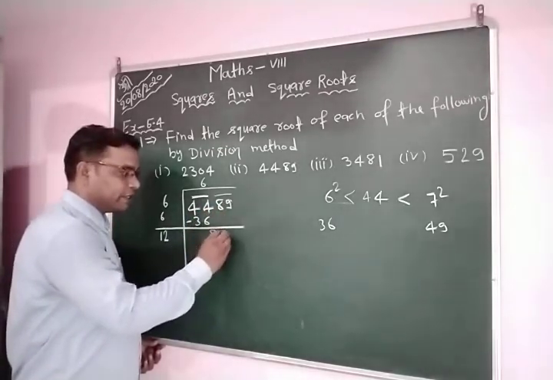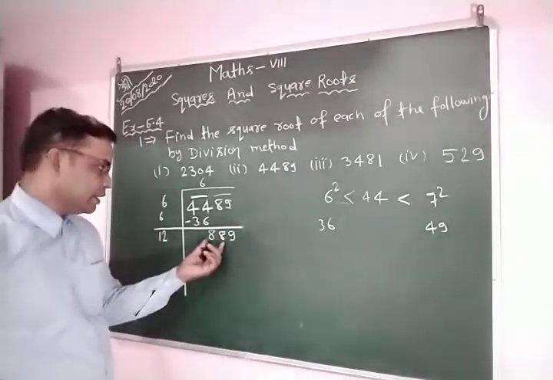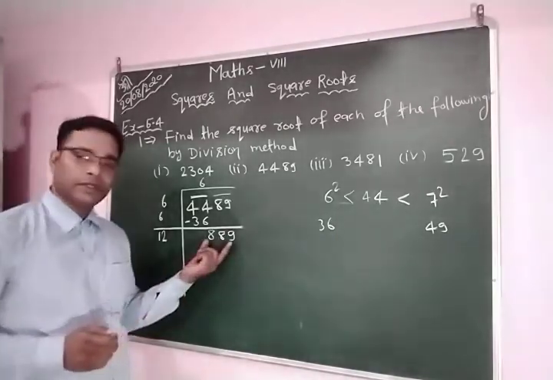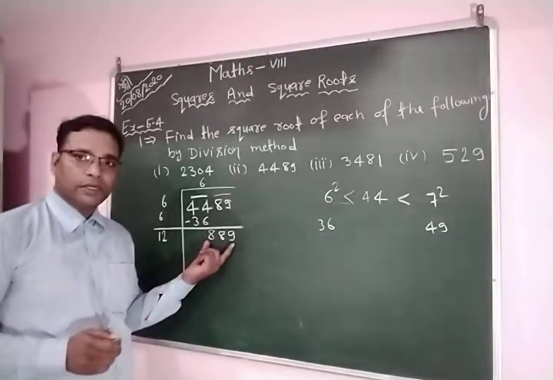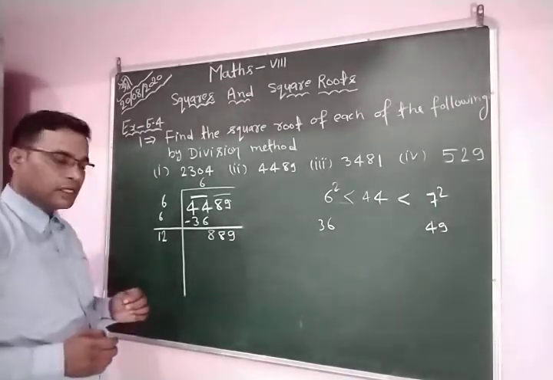In this way we obtain 889. This is a new dividend.